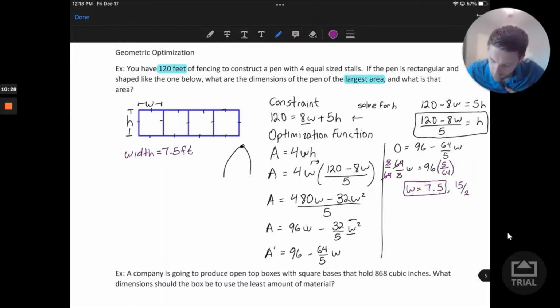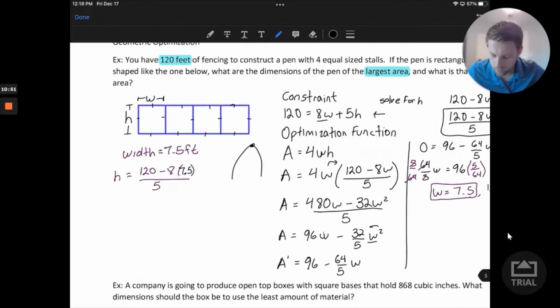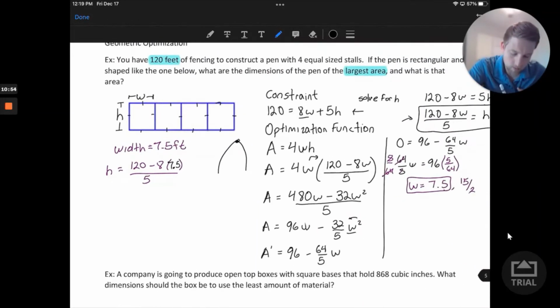If I list out my constraint, the height is equal to 120 minus 8 times the width, that would be where my width would go, and then divided by 5. And we know our width here is equal to 7.5. Again, that's coming from that constraint, solve for h. If we solve that for h, we'll find that the height here is actually going to be 12 feet.